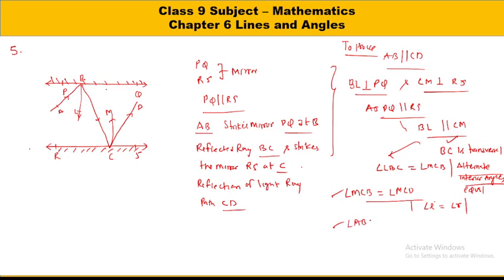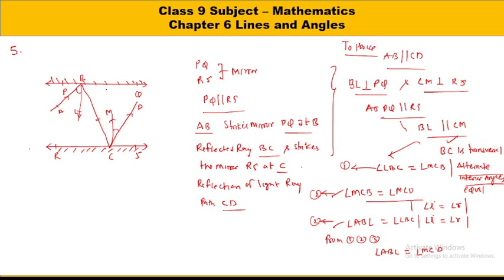Angle ABL is equal to angle LBC, as angle of incidence is equal to angle of reflection. So this is equation 1, this is equation 2, this is equation 3. So from 1, 2 and 3 we get angle ABL is equal to angle MCD. We can see in this figure, angle ABL is equal to angle MCD.